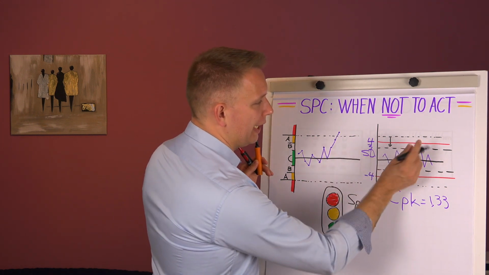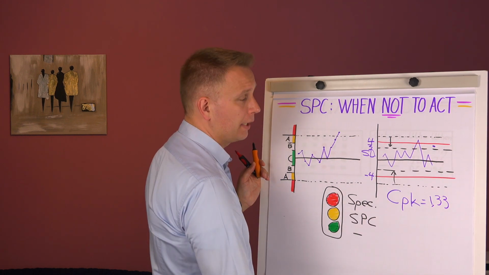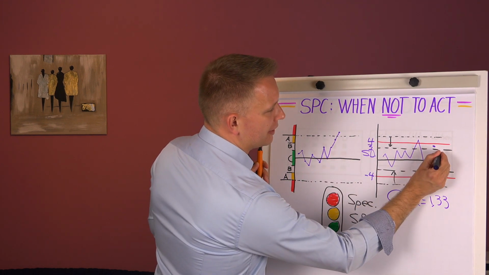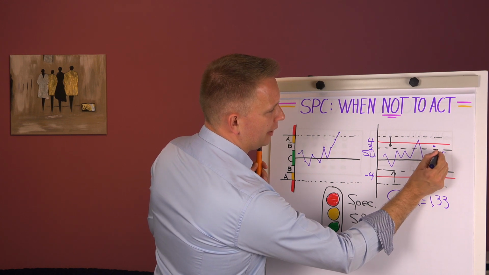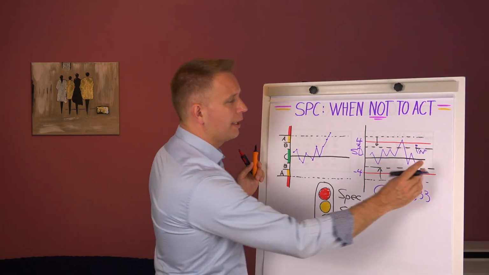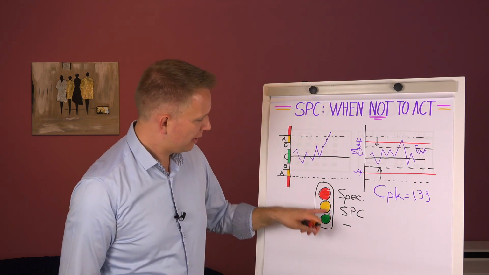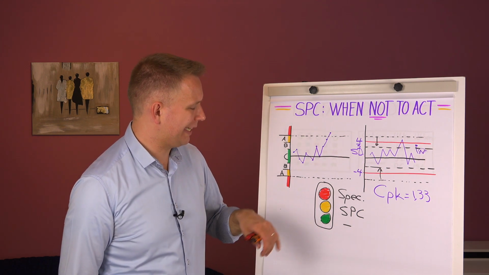This one, so it could here in the new situation be at any point here, but it could also be if you have this, right? So 2 out of 3, or any of the rules that you implement in your company. So when SPC tells you your process has shifted, you get this yellow light.